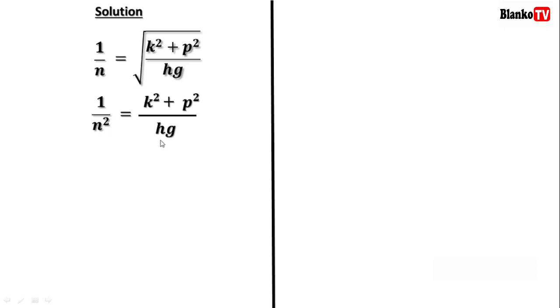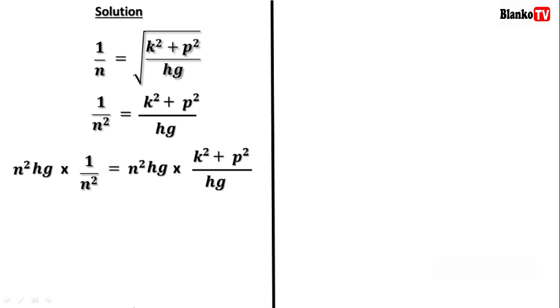I hope you are following it. So we have n square hg multiplying 1 over n square equals n square hg multiplying k square plus p square over hg. So n square cancels n square at the left hand side, hg cancels hg at the right hand side.